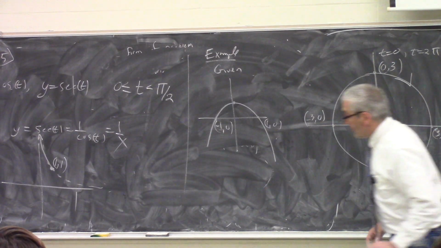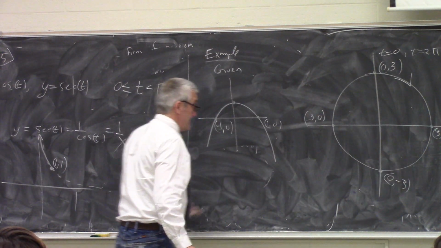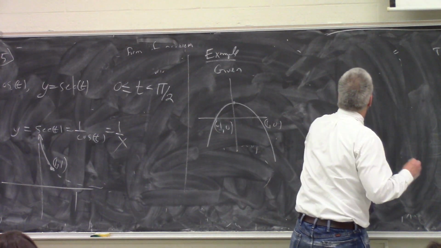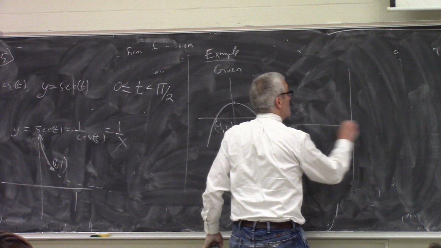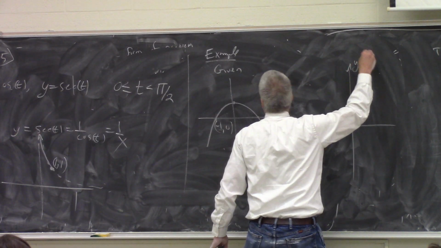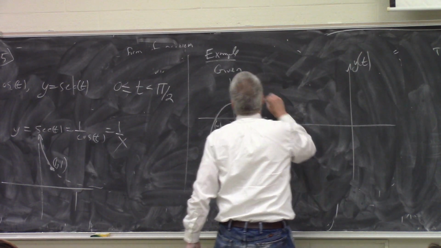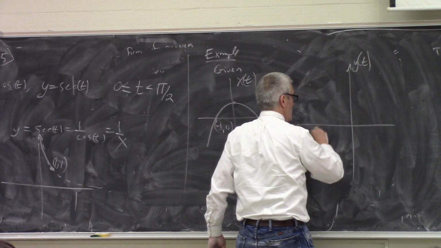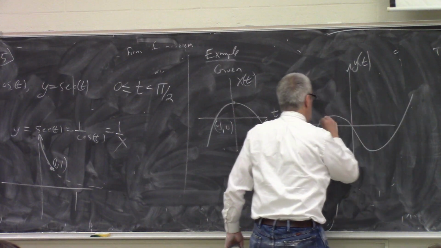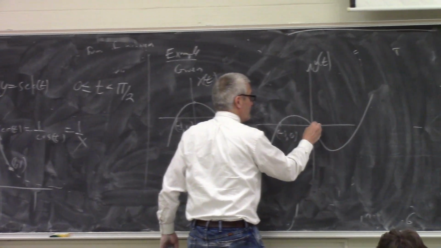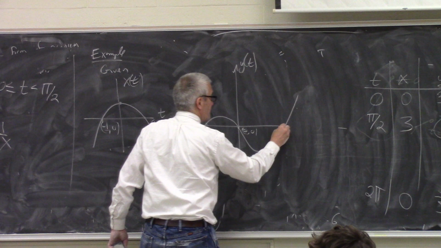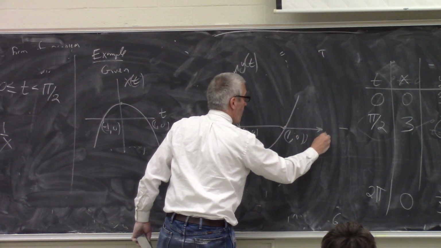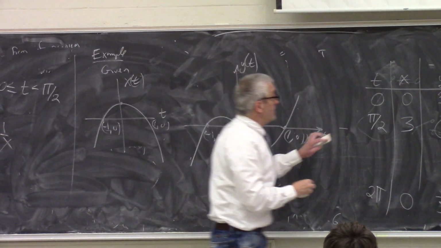Okay, so in this problem, we're given two graphs. x of t and y of t. Minus 1, 0 is an intercept, 0, 0 is an intercept, and 1, 0 is an intercept on the graph of y as a function of t.